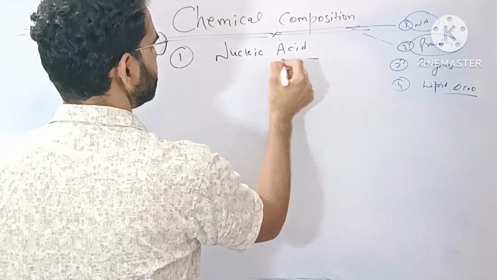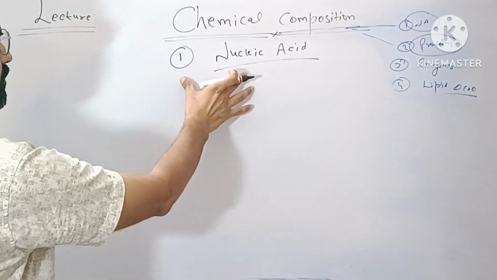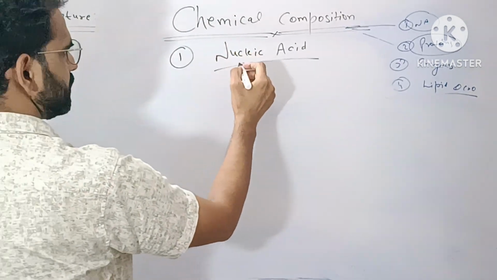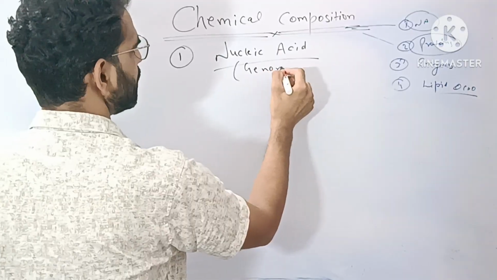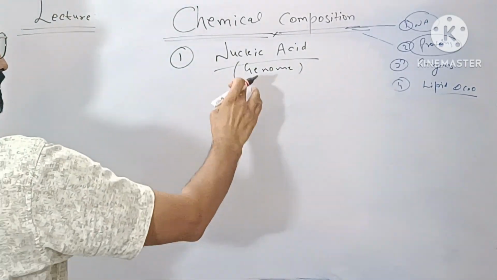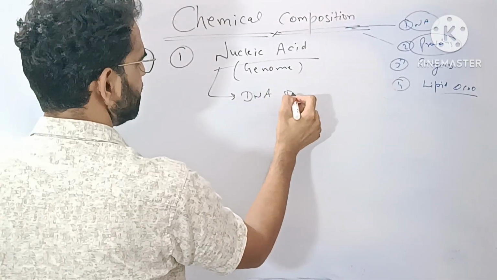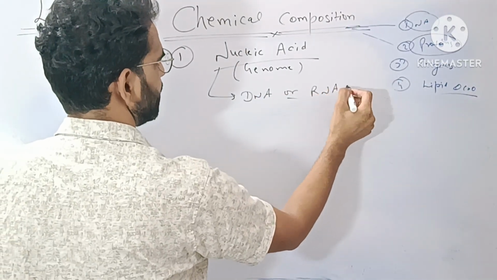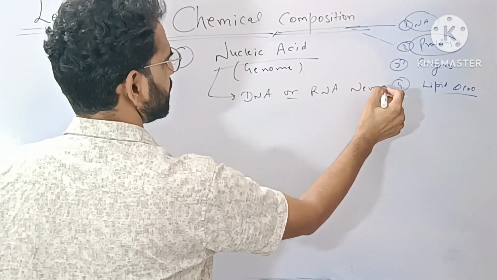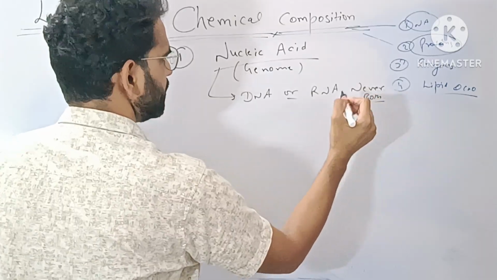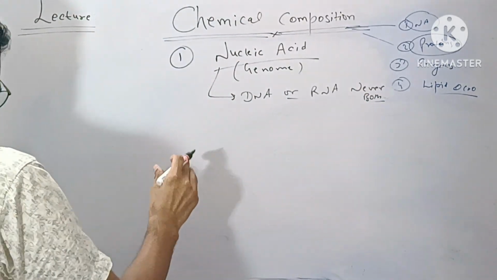Nucleic acid. Number 1 is the nucleic acid, which is also known as the genome of the virus. As we know, nucleic acid could be DNA or RNA, but never both.